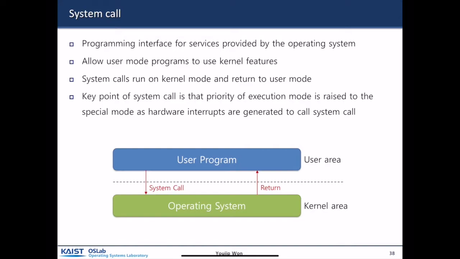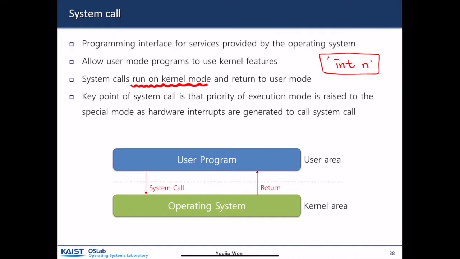A system call is a programming interface for services provided by the operating system. It allows user mode programs to use kernel features such as creating a process, accessing a file, saving a file, and stuff like that. System calls run in kernel mode. We have dealt with the instruction int in detail and what kind of parameters are passed from user mode to kernel mode.